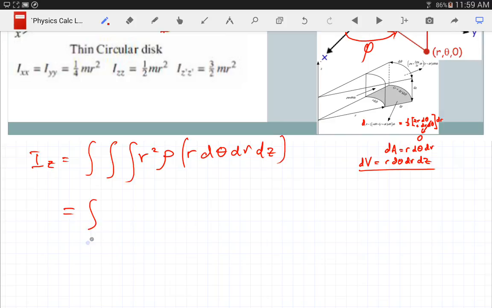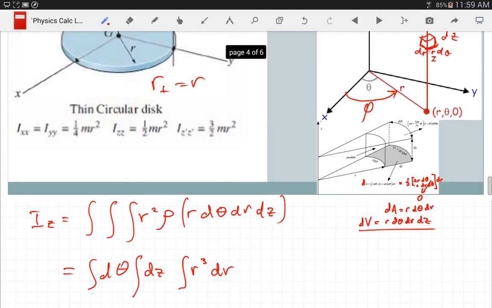Integral from, well, actually, I won't put the limits yet. I'll have you tell me. I'll put theta for the first one. Remember, I like to put my variable with the integral sign so I know which thing is being integrated. r squared times r is r cubed. And now I have to look at my limits.